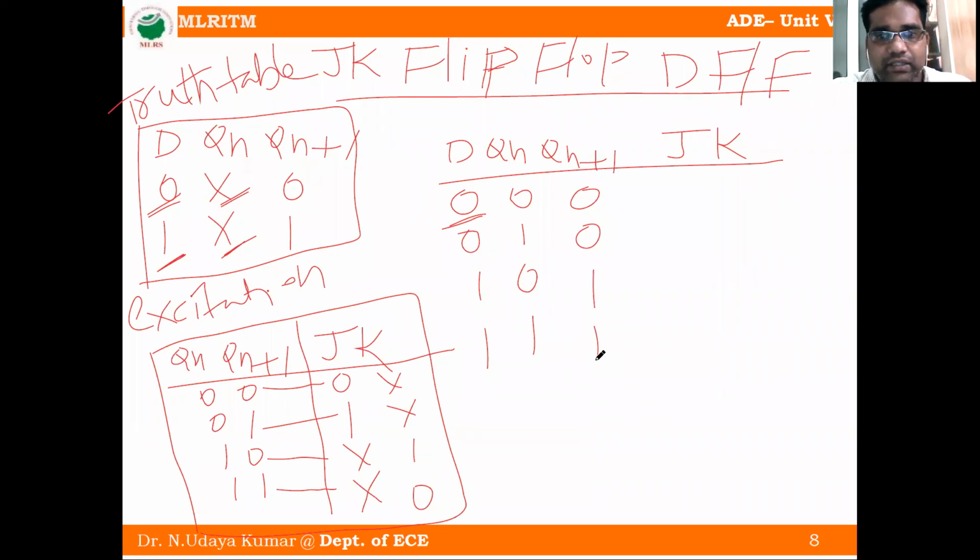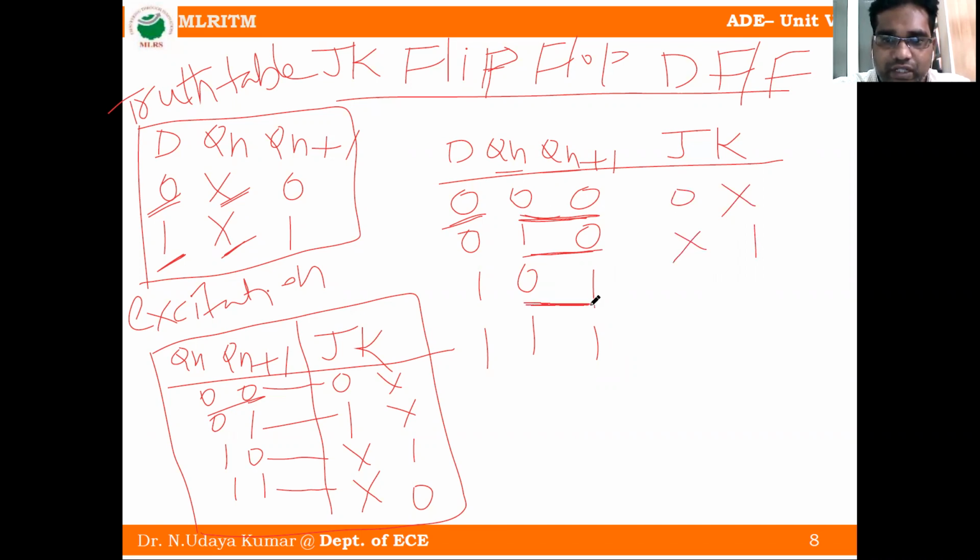Okay. Now we will find the JK here. For Qn is equal to 0, Qn plus 1 is equal to 0, what is the excitation table value? For 0, 0, we are getting 0 and don't care. For 1, 0, we are getting don't care and 1.